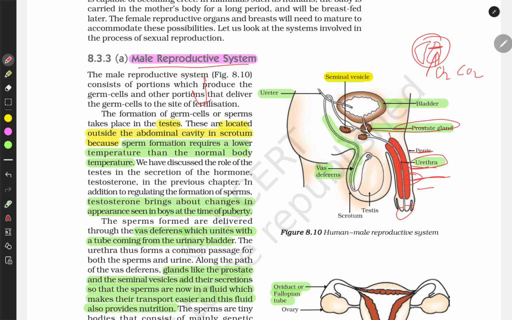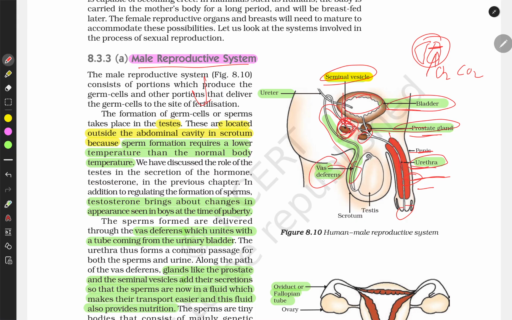So here, this is the prostate gland. This is the bladder. It stores urine, and these are the seminal vesicles. They contain the semen. Semen is a lubricating fluid which, when mixed with the sperm coming from the testis, gives it good conditions and also nutrition for its long survival.